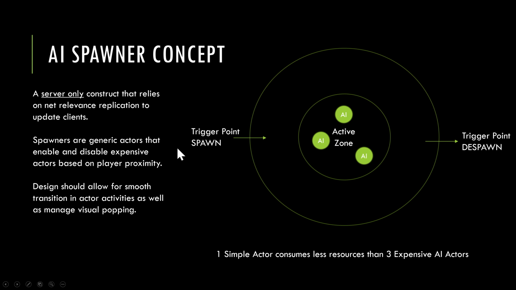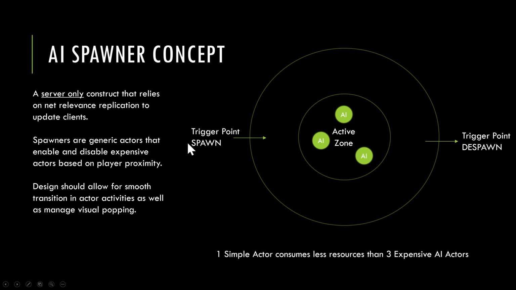As the player approaches the trigger point, so as the player starts to enter this sphere, the message will be sent to activate these 3 actors because I'm getting close to the point where they're going to become relevant to me. They're going to become net relevant to me. So as I cross this trigger point, the AI spawner's job is to spawn these 3 actors into the world. And then if I get far enough away, they will be despawned.